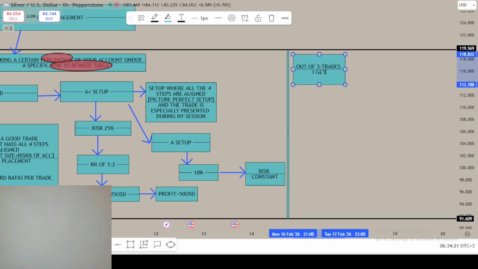I get one A plus setup, four A setups, and accidentally lose two, and one is to two risk to reward.